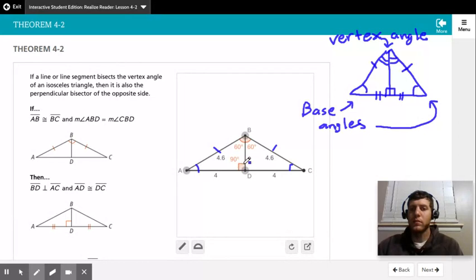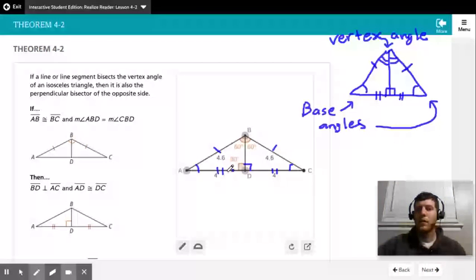So 90 degrees on that side, 90 on this side, and then again, AD would be congruent to DC here, so 4 and 4. And they show you that here as well. So you bisect the vertex angle, the line's going to be perpendicular to the base, and then you're also splitting the base into two equal pieces.